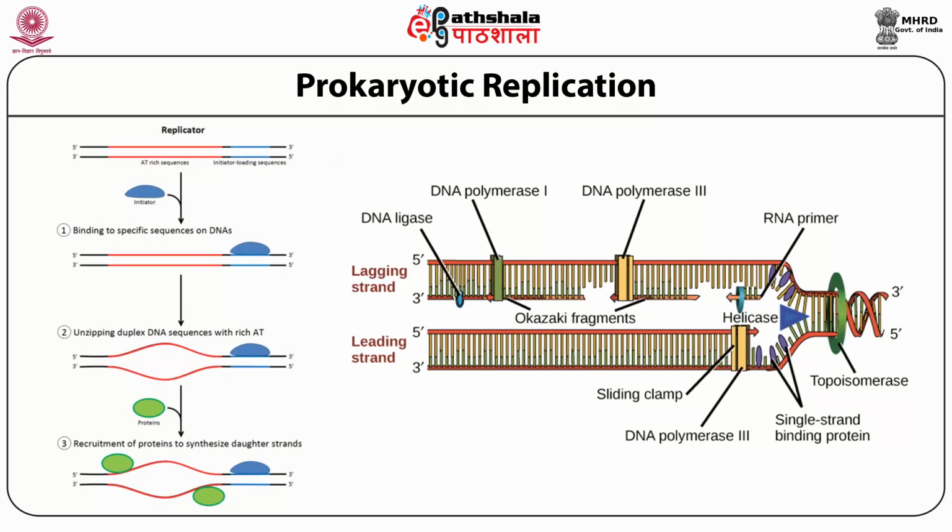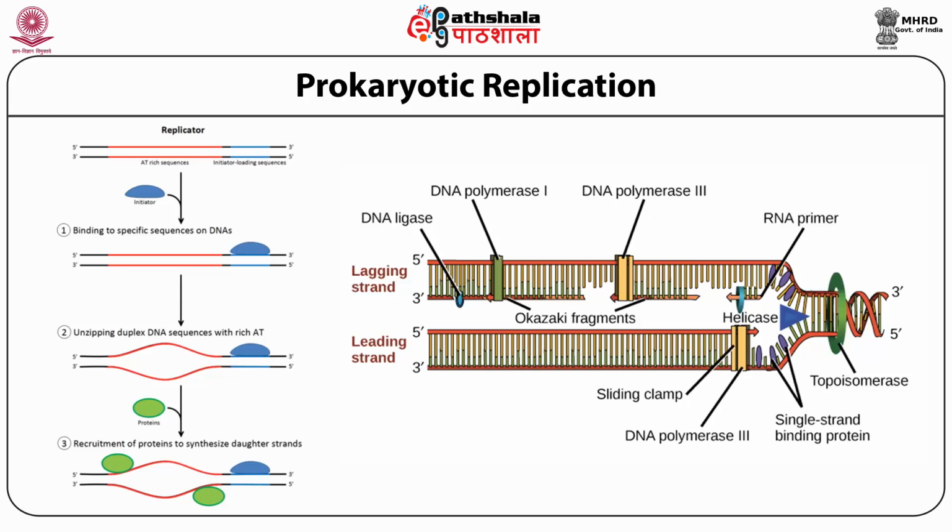Now, as I had shown in the previous slide, you can see that this is a small depiction of the origin of replication with the AT rich sequences. The initiator proteins bind to the 245 base pair segment which is present near the origin of replication, and once they bind they recruit these helicases which then unwind the double stranded DNA into single strands, and this paves the way for your primase to come and start the replication.